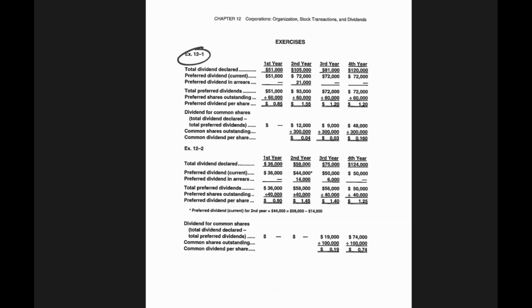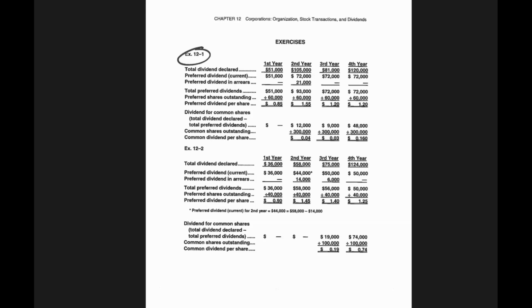So there's the two. Before we do anything, let's just figure out how much preferred stock should get, because that's who gets the preferential treatment. They're preferred. So 60,000 shares at $60 par.